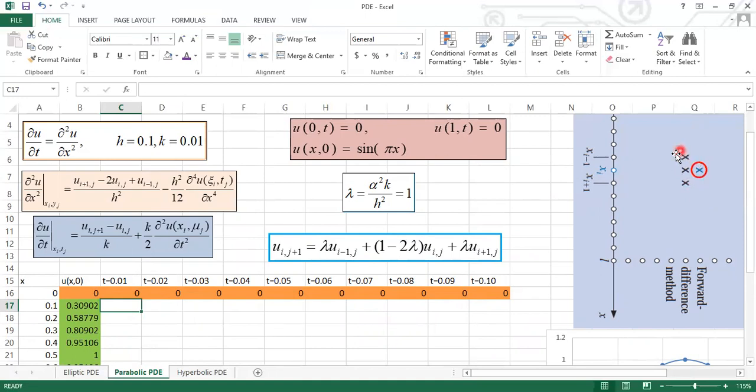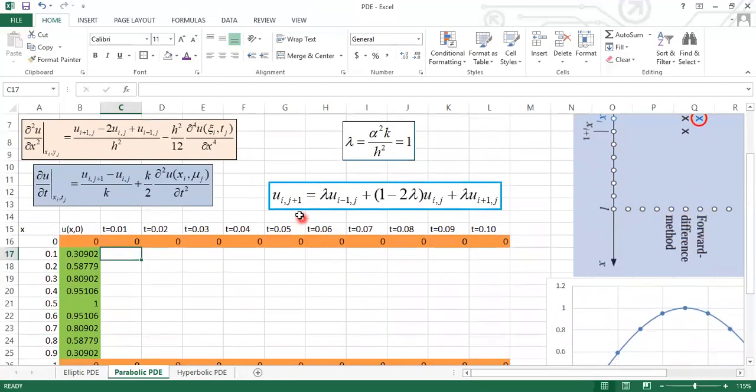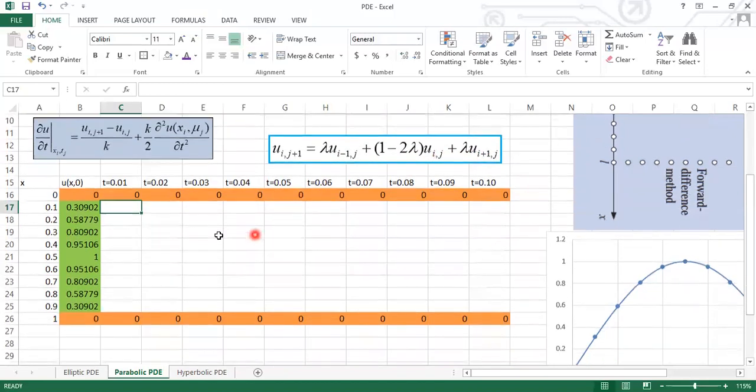It is a weighted sum of the values from the previous three points, so we get the fourth point. From the finite difference formula, u i j plus 1 would be equal to lambda times u i minus 1 j, plus 1 minus 2 lambda times u i j, plus lambda times u i plus 1 j. And with lambda equal to 1, we have u i minus 1 j minus u i j plus u i plus 1 j.